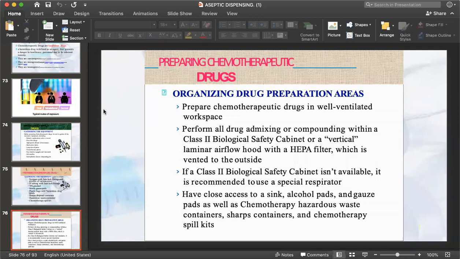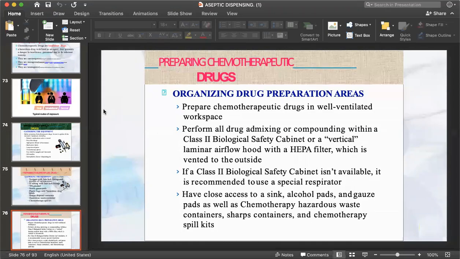If these two things are not available, you have to use a respirator and a mask. I can show respirators in the next picture. Have close access to a sink, alcohol pads, gauze pads, as well as chemotherapy hazardous waste containers, sharps containers, and chemotherapy spill kits.